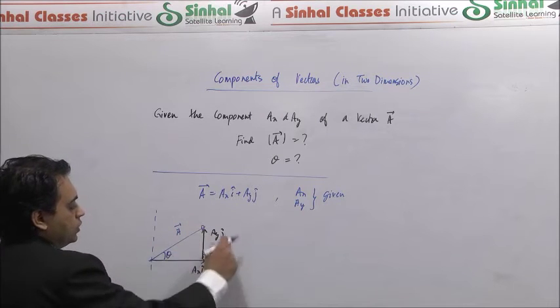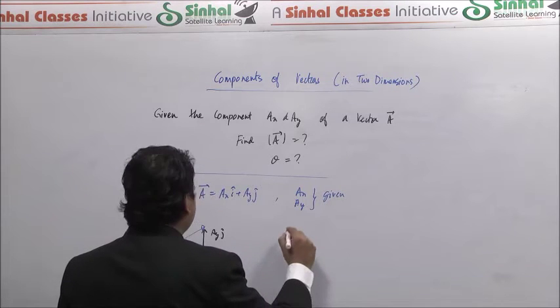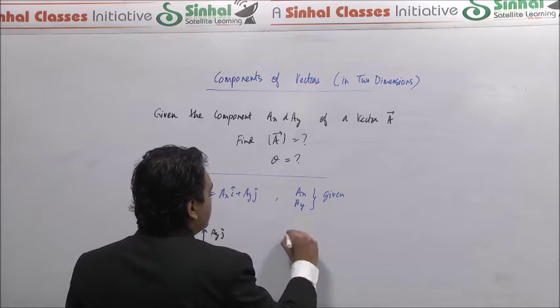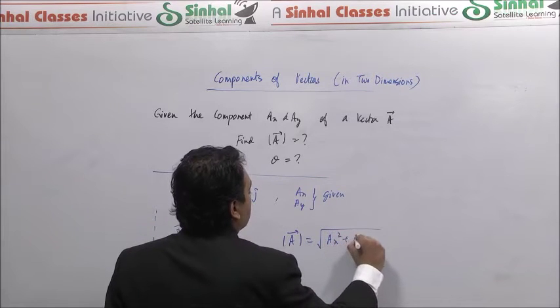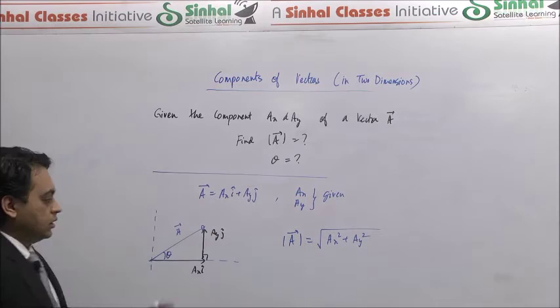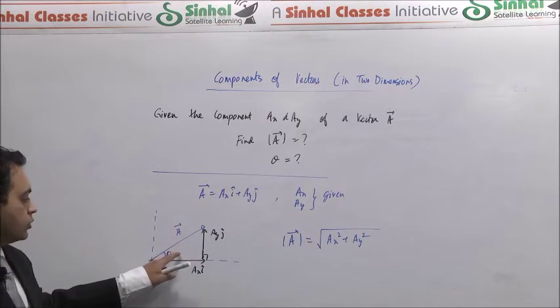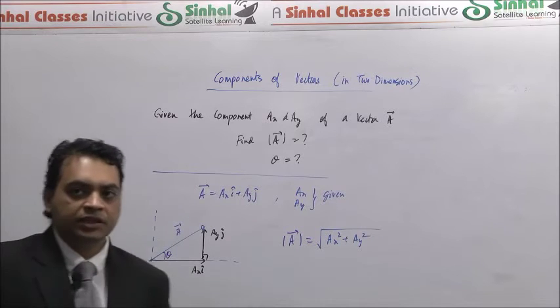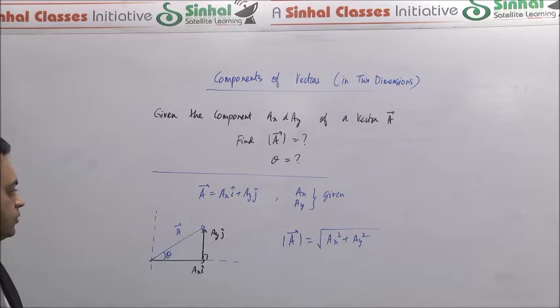As you can see, it's down to simple Pythagorean algebra again, or the Pythagoras theorem in geometry. The magnitude of the vector A becomes square root of Ax square plus Ay square, because these being orthogonal components, the vector triangle is nothing but a right angle triangle. So using the Pythagoras theorem, we get that.